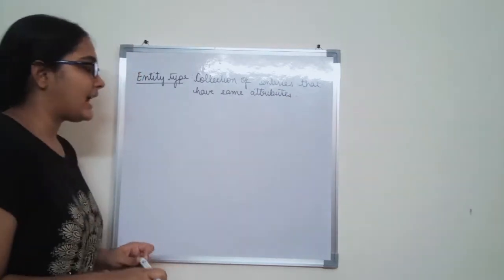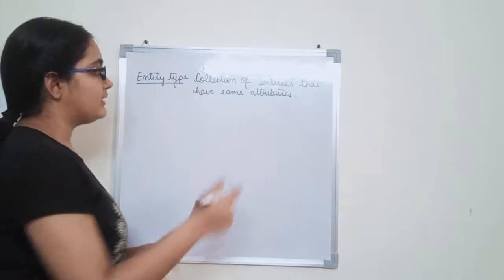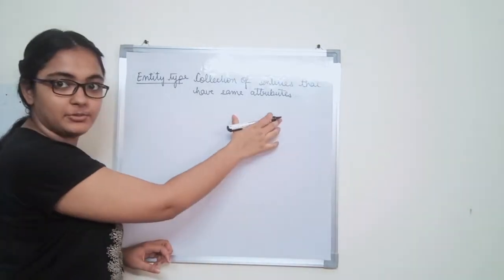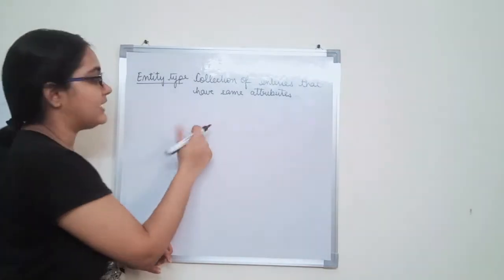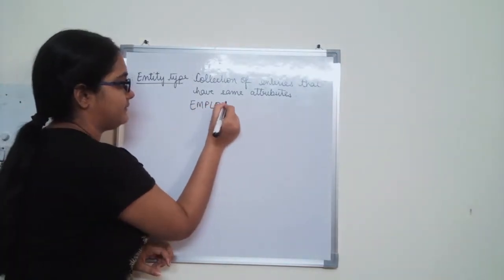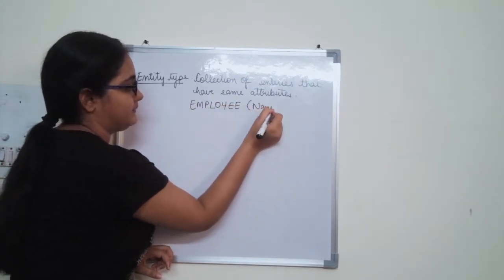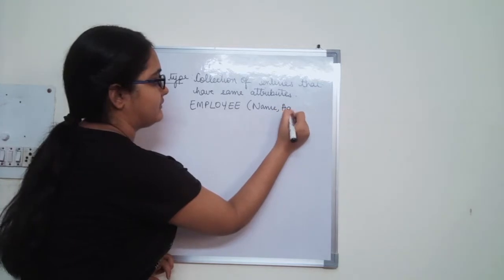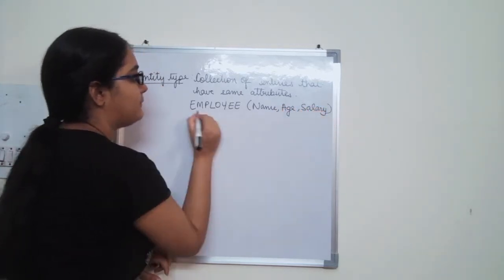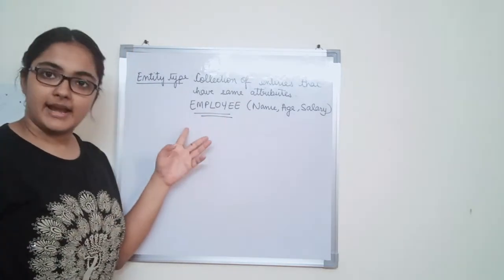So it is represented by writing the name of the entity followed by the set of attributes that is used to define that entity. For example, employee: name, age, salary. So employee is an entity type, or we can say it as the heading.